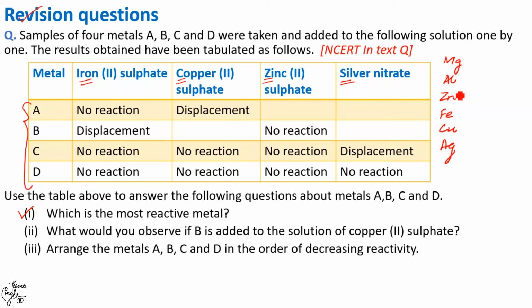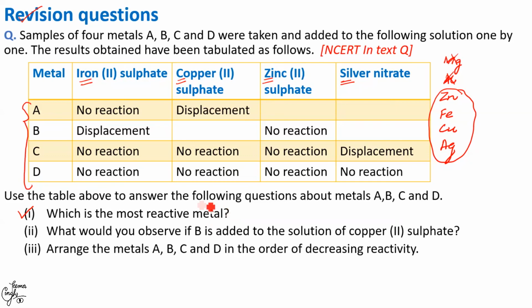But still, on the safer side, you need to remember the exhaustive list of metals in decreasing order of their reactivities, right? Now, here we have iron, copper, zinc, and silver. So we don't require magnesium and aluminium. If you look at these 4 metals, we see zinc is the most reactive, followed by iron, copper, and silver. Coming back to the question, which is the most reactive metal?